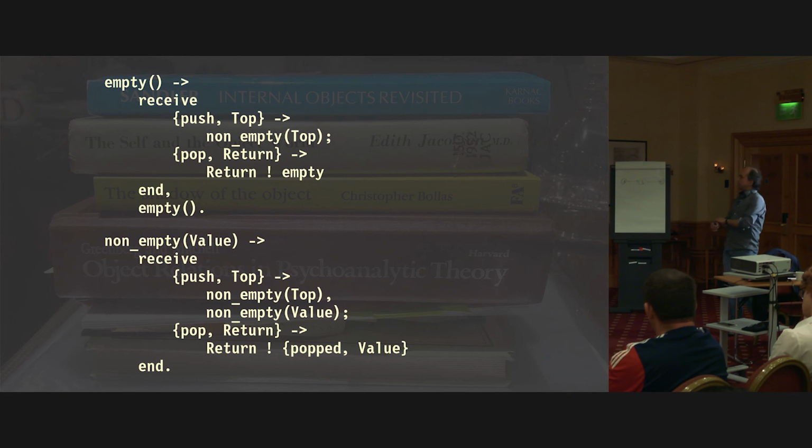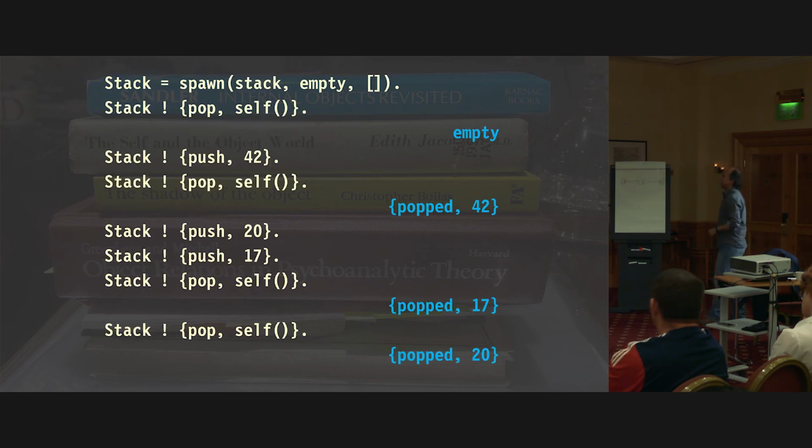And if we run through it, launch a new stack, I'm going to send it a message, pop, and send it back to me, self. It's empty. I'm going to push 42, we get nothing back. Then I'm going to say pop, we get back popped 42. So now we're talking to an empty stack again. Now, push 20, push 17, pop self, get popped 17. That was the last thing pushed.